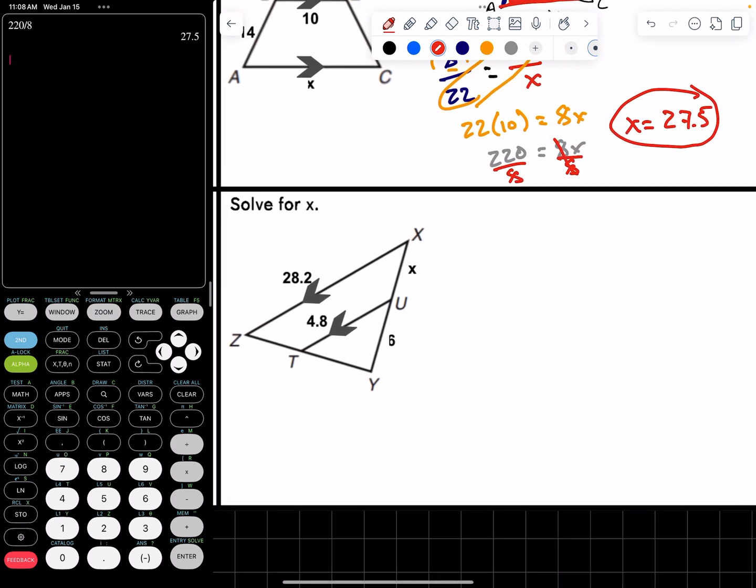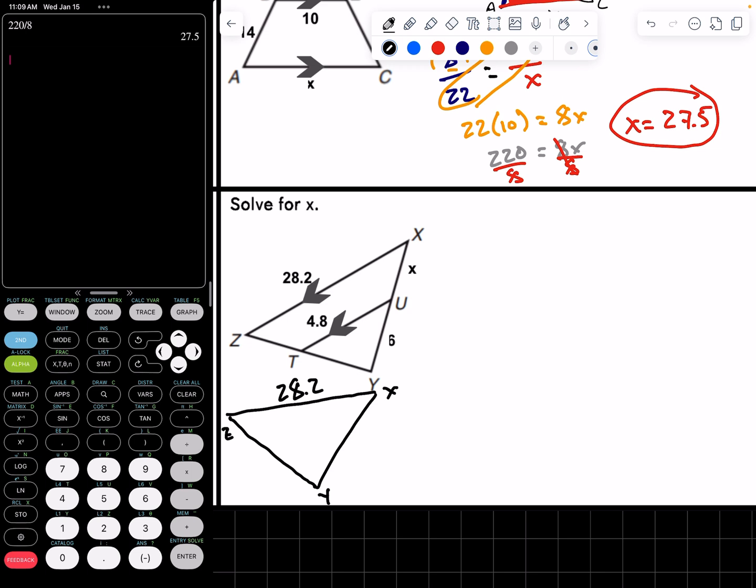Down here, very similar. Go on ahead and redraw our triangles, which is going to help us tremendously. Okay, let's go, our big triangle, Z, Y, X, XYZ, and we know that that's going to be 28.2.